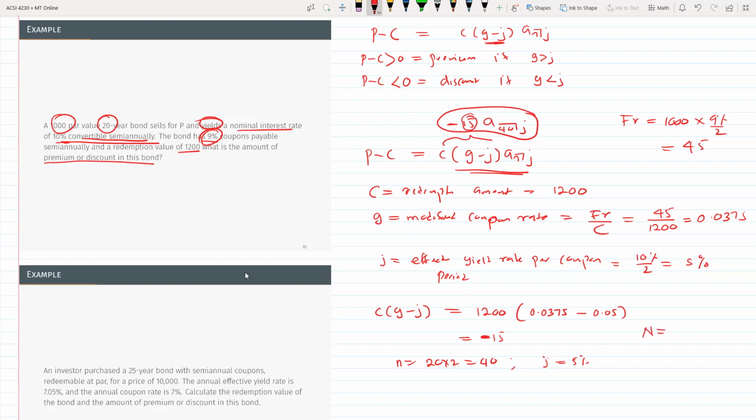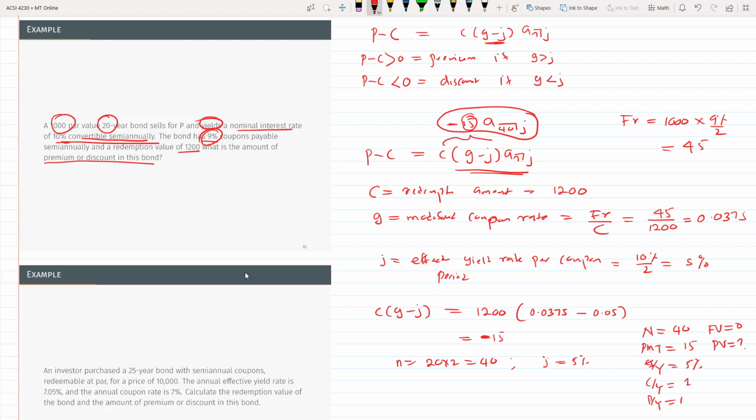So I would enter N is 40, payment is 15, rate is 5%, compounding per year is 1, payment per year is 1. You can enter 10%, but then you have to say compounding per year is 2 and payment per year is 2. Then the future value is 0, and the present value is what we want.